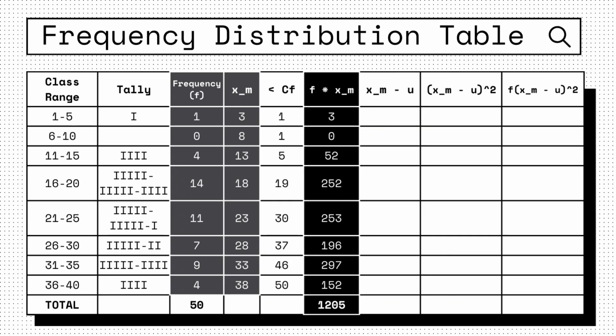For the sixth column, we're going to identify the F times X sub M, which is the frequency multiplied by the midpoint.